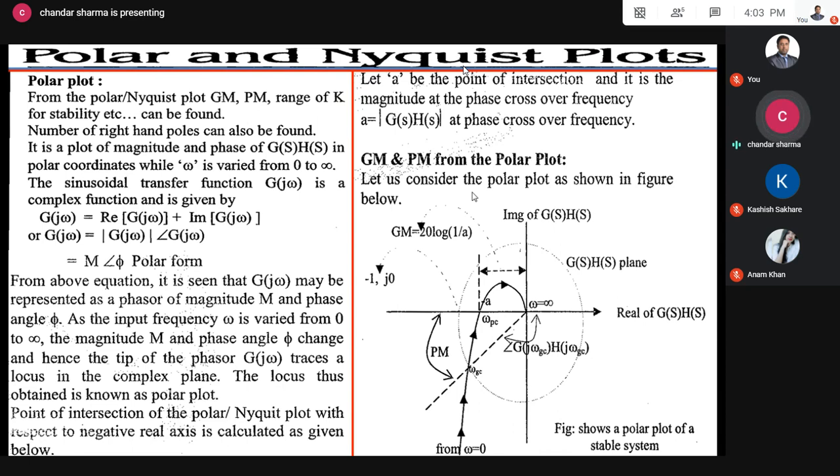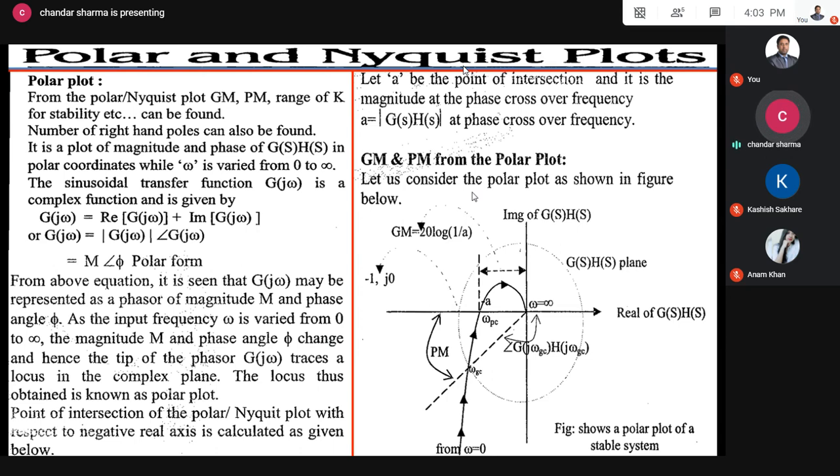There are various advantages of polar plot. It indicates the frequency response characteristic over the entire range of frequency in a single plot. The stability studies can be carried out using polar plot, and there are some disadvantages. The plot does not indicate the contribution of each of individual factor of G(jω).